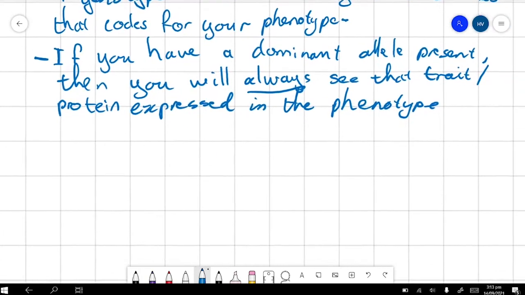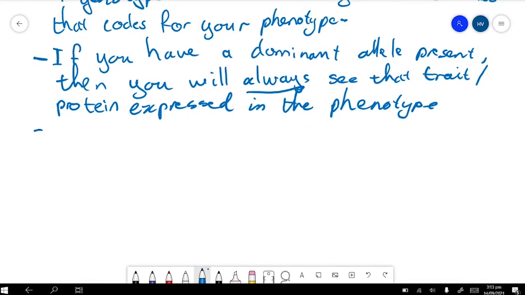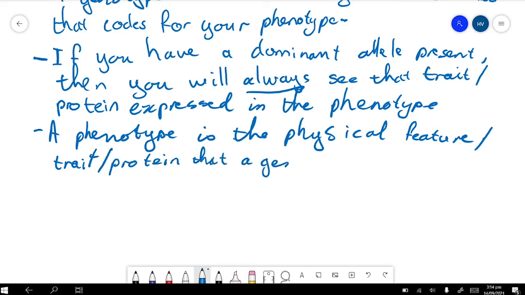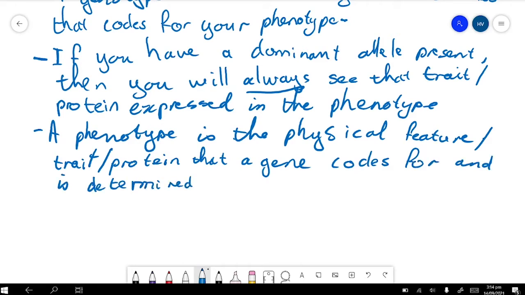Now, a phenotype is the physical feature, trait or protein that a gene codes for and is determined by the combination of your alleles.